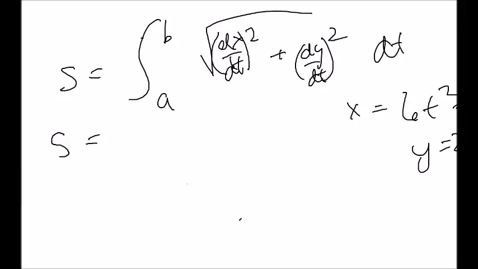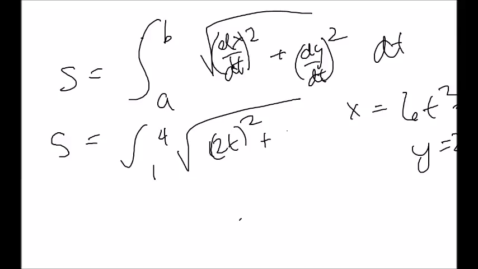So we set our integral from 1 to 4, and the derivative of x is 12t, so we square that, plus the derivative of y is 6t squared, and we square that, dt.